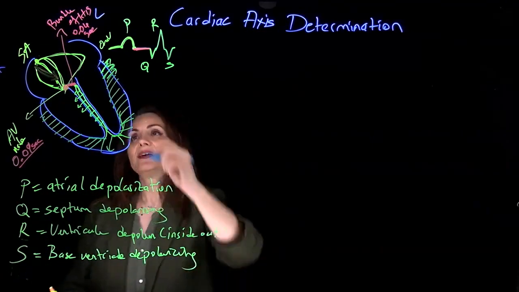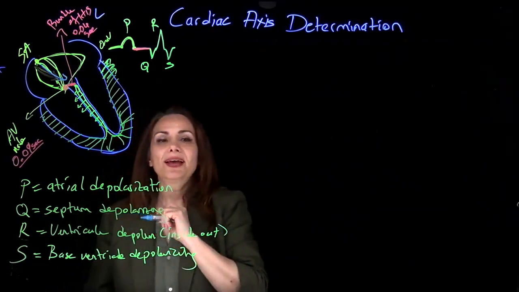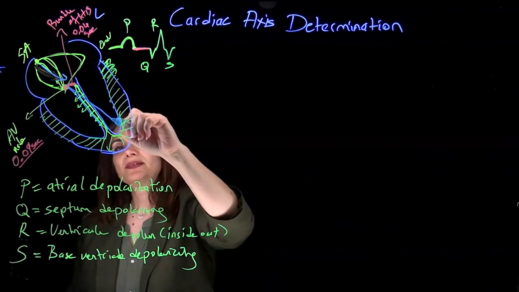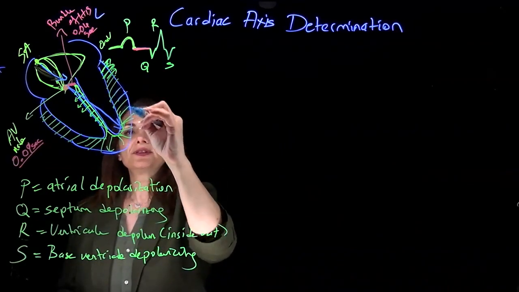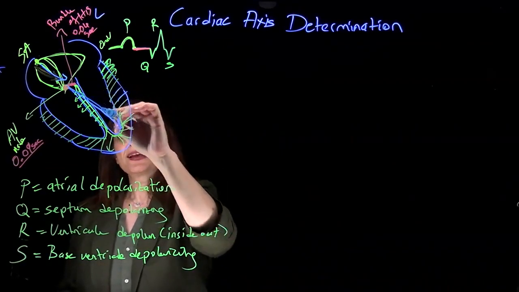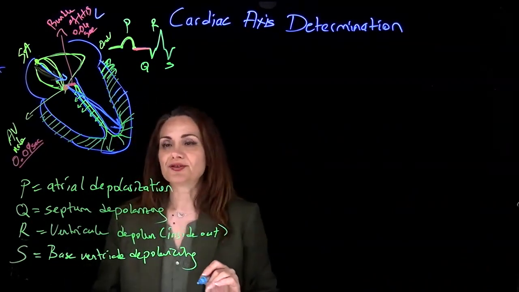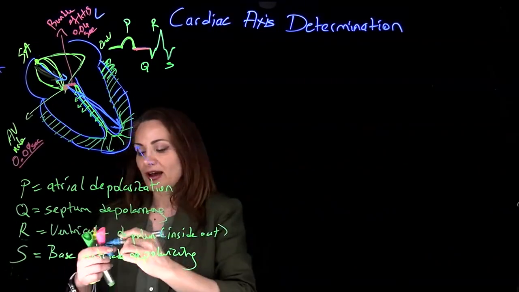So the majority of the electrical activity moves from the SA node to the AV node, and then comes from the septum down towards the apex. Since the left ventricle is much thicker, the axis deviates towards the left ventricle. And now during repolarization, it goes the opposite way.